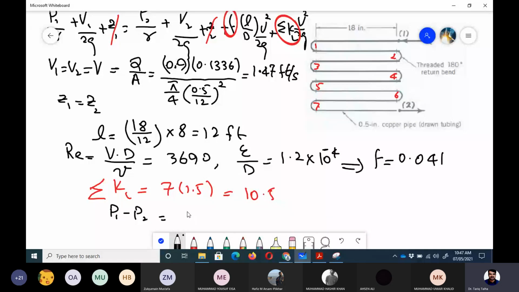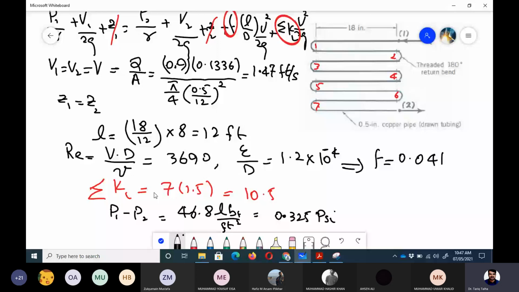So P1 minus P2 comes out to be 46.8 pound force per feet square, or if we want to write it in psi, that would be equal to 0.325 psi, right? So that was the calculation of pressure drop.